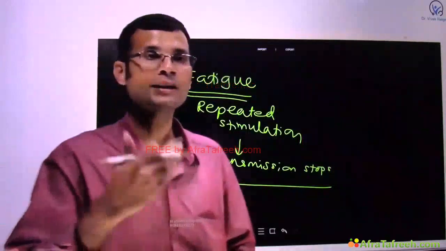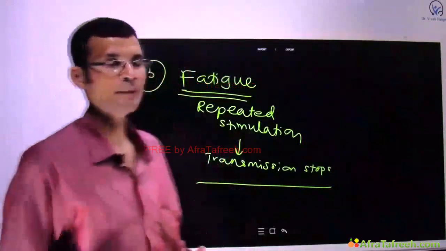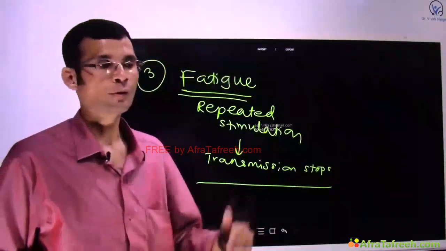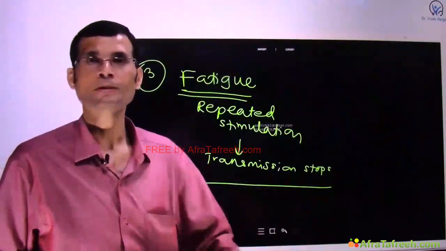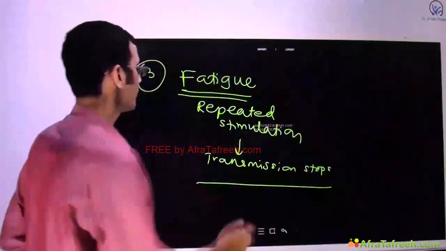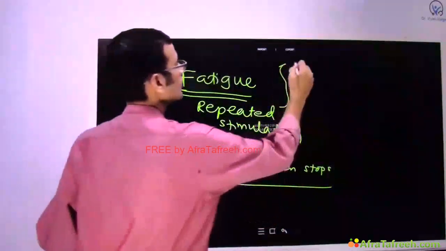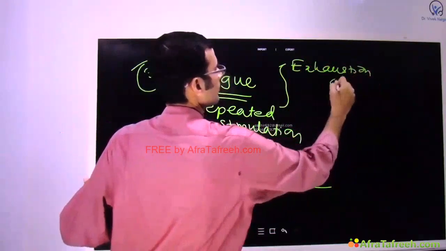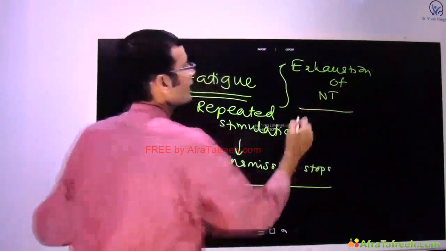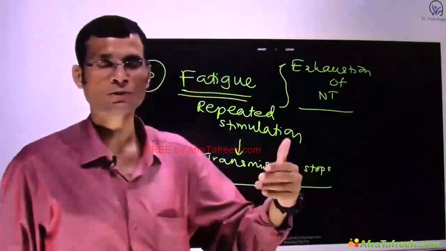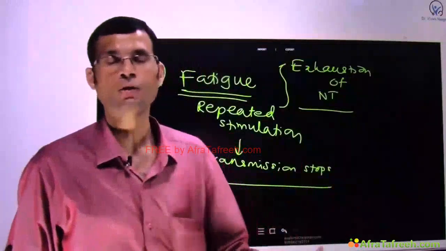When repeatedly reading and repeatedly utilizing the same synapse, neurotransmitter was being spent. So when you were actually writing the exam paper, in some synapse there was no neurotransmitter. So the property of fatigue is because of temporary exhaustion of the neurotransmitter. While you were writing the exam, one synapse did not have the neurotransmitter, transmission could not occur, and you just could not recall that answer.